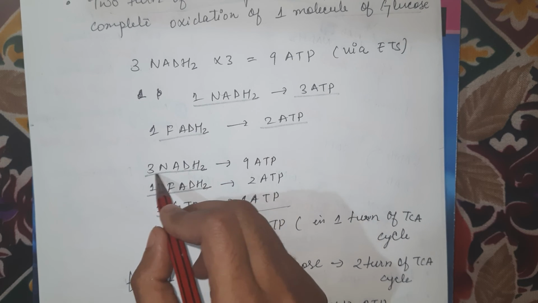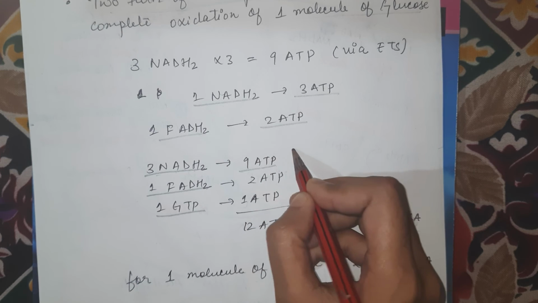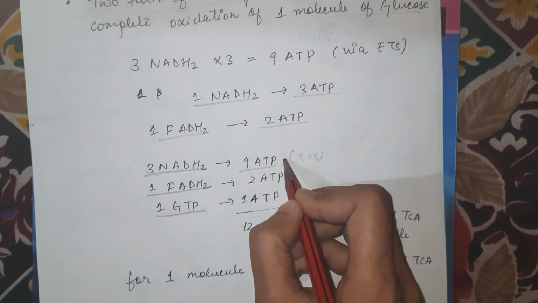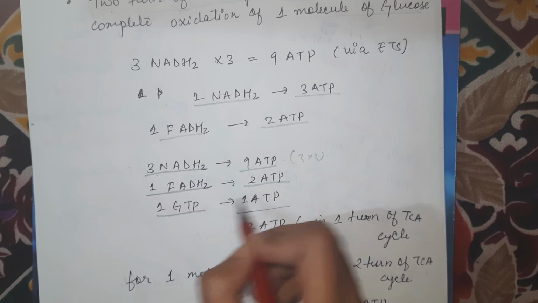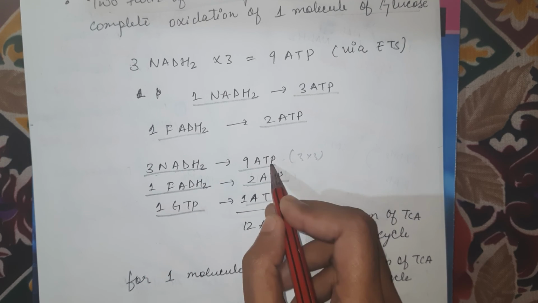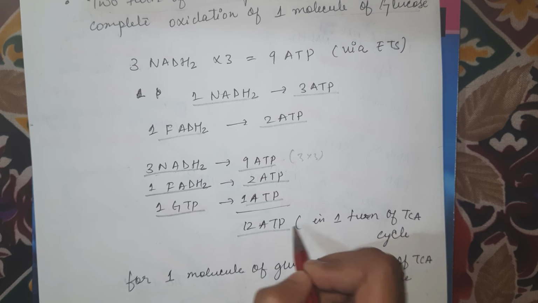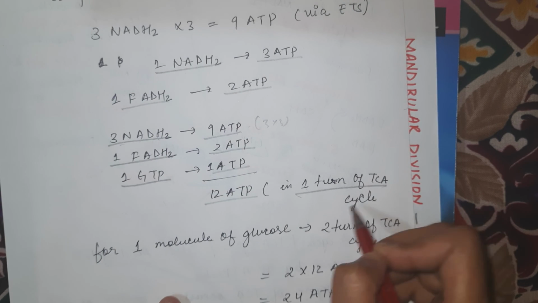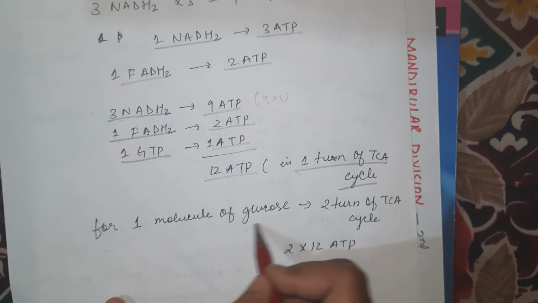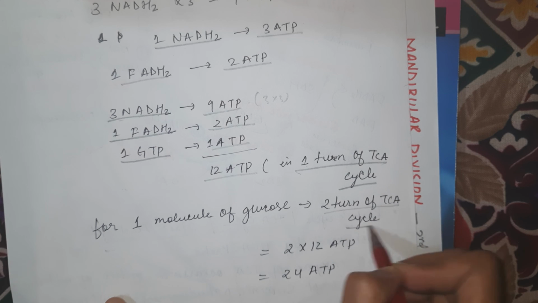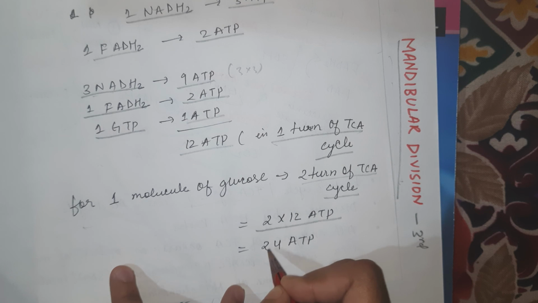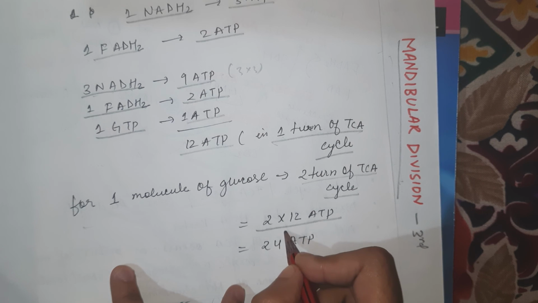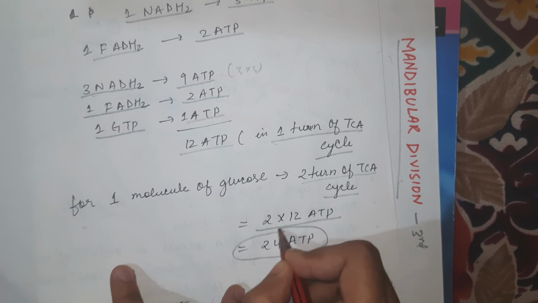So 3 NADH2 gives 9 ATP, 3 into 3, 9 ATP, and 1 FADH2 gives 2 ATP and 1 GTP gives 1 ATP. The total is 12 ATP in one turn of the TCA cycle. For 1 molecule of glucose, 2 turns of the TCA cycle are required, so 2 into 12 ATP. So total ATP in the Krebs cycle for 1 molecule of glucose is 24 ATP.